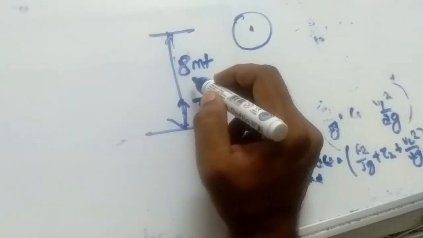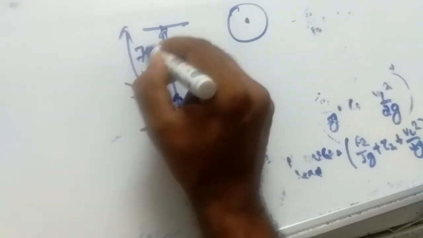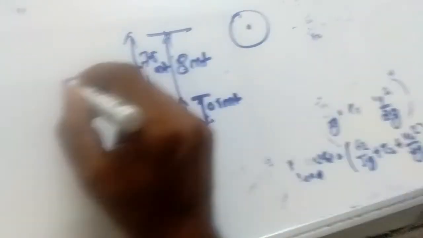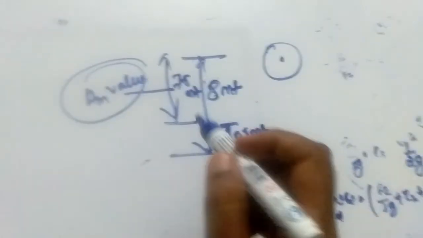So what is remaining is 7.5 meter. This is the HM value.